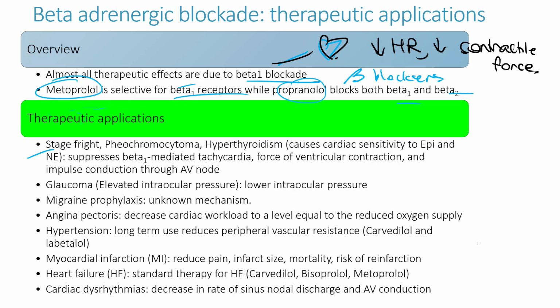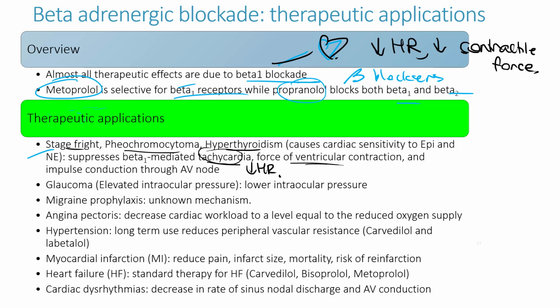And so these are used for stage fright, for that tumor in the adrenal medulla, and for hyperthyroidism. So it decreases heart rate, decreases tachycardia, decreases force of ventricular contraction, and also decreases impulse conduction through the AV node. Right, so the heart doesn't work as hard.